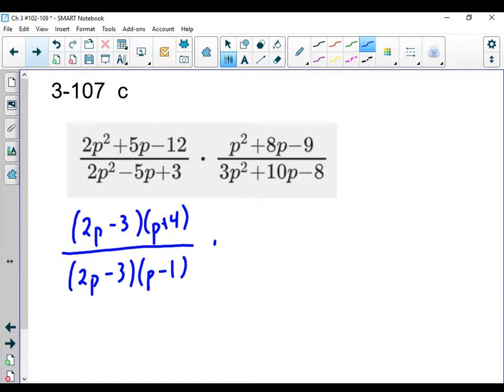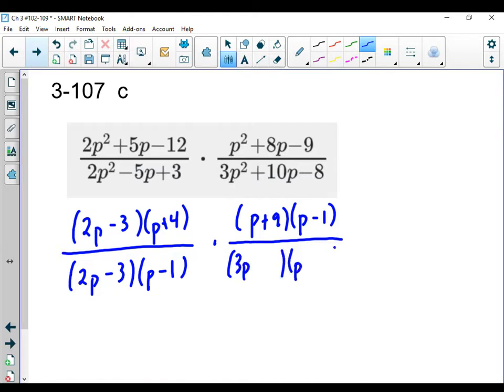Then over here we've got to multiply to get negative 9, add to get 8. And lastly, over here, we've got to factor this one. So this one looks like, if we do this, we're going to have 12p when we multiply, minus 2p, so 10p, so we're in good shape.